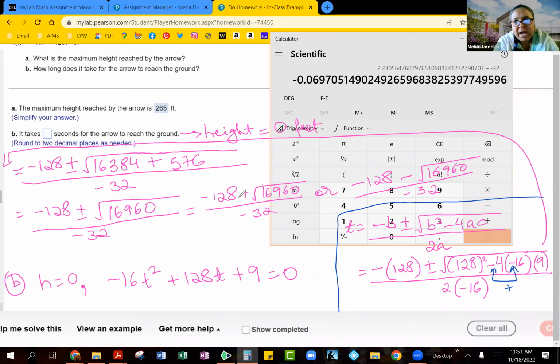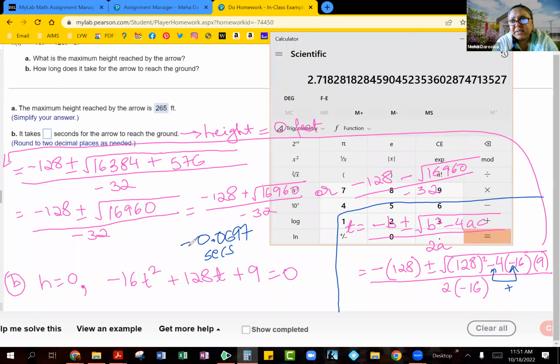So the positive square root of 16,960 will end up giving us negative 0.0697, which, again, this should be time, and time cannot really be in a negative number. And obviously, this is showing a very small value over here. So this is not going to work out in this case.